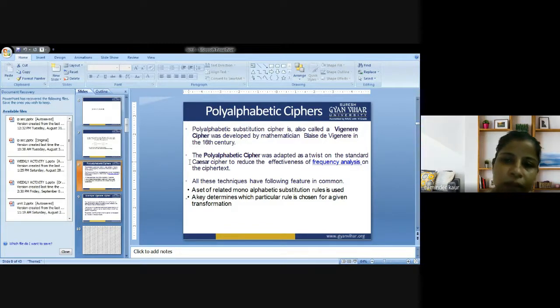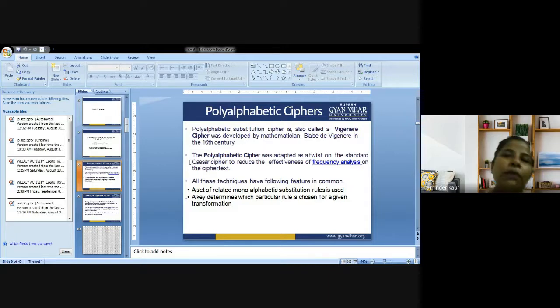All these techniques have one common feature: a set of related monoalphabetic substitution rules is used. In every substitution cipher, I am going to use some rules that are associated with that particular cipher.